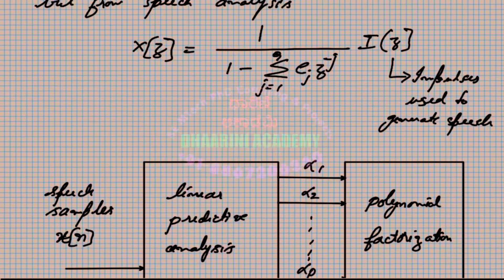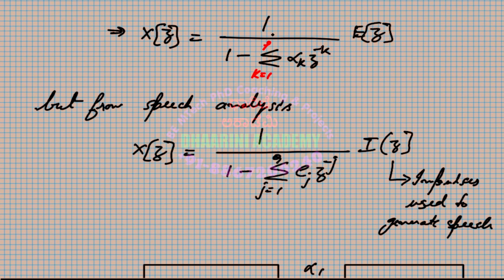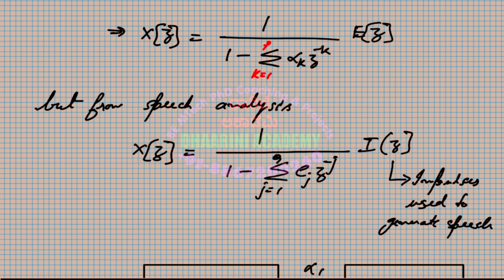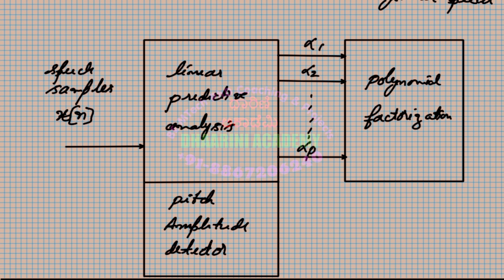Let's go back to the equation. This whole term will give some factors, correct? So I have 1 minus alpha 1 z to the minus 1, alpha 2 z to the minus 2, plus alpha 3 z to the minus 3. Can you see that? So that's the summation, and I can perform a factorization on that summation. That's what will be done here.